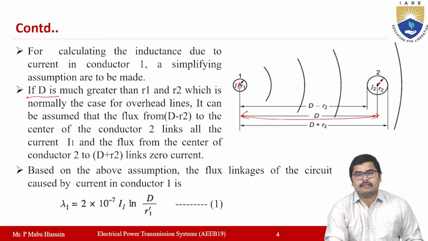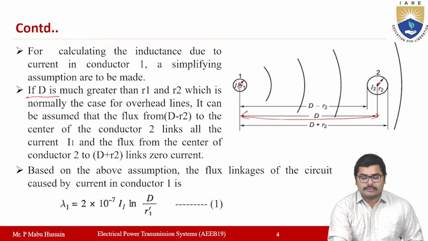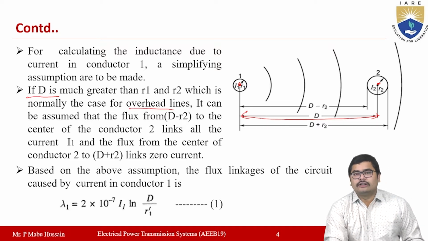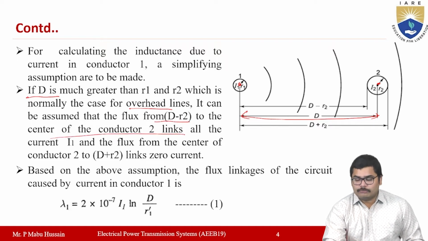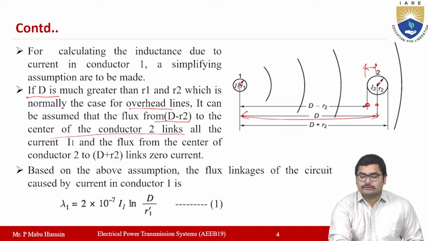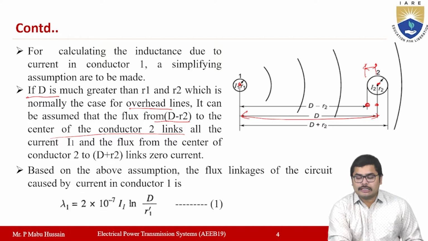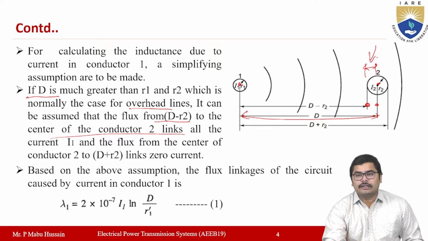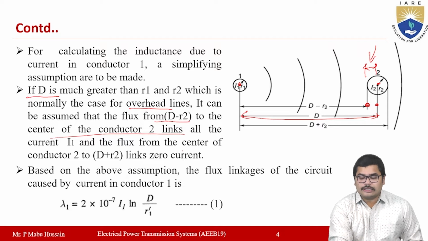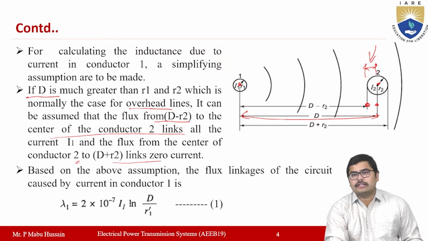so if D is much greater than R1 and R2, which is generally the case for an overhead transmission line, it can be assumed that the flux from D minus R2 to the center of conductor 2, so that means from here to here, links all the current I1, and the flux from the center of conductor 2 to D plus R2 links zero current.